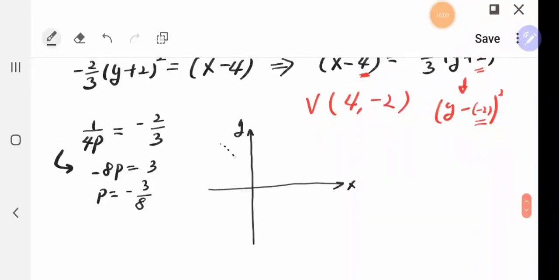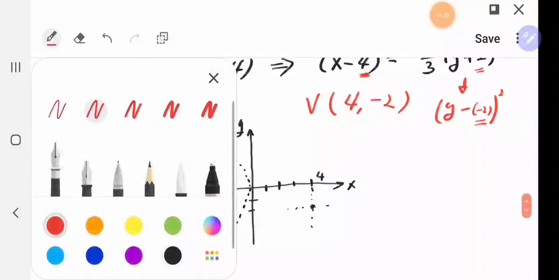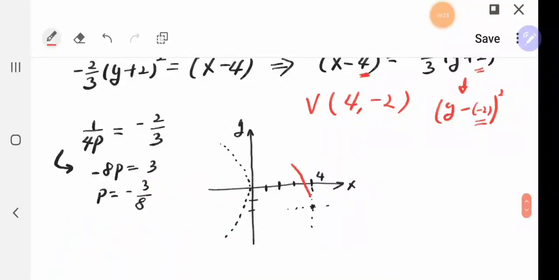This is the original graph, which opens left. This one is shifted 4 units to the right, 1, 2, 3, 4 units to the right, and 2 units down. So this will be our new vertex. The graph looks like this.